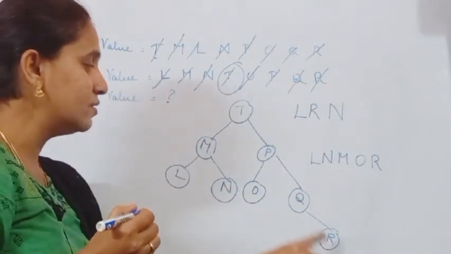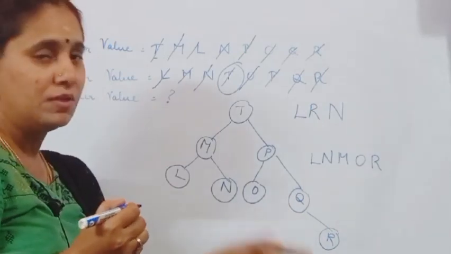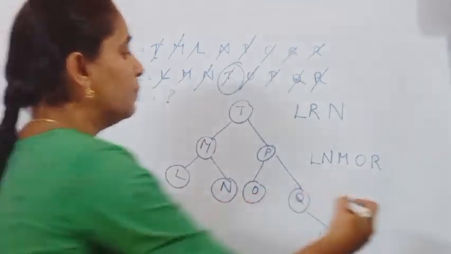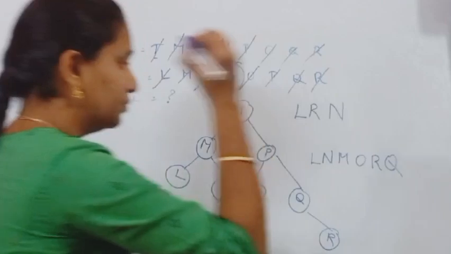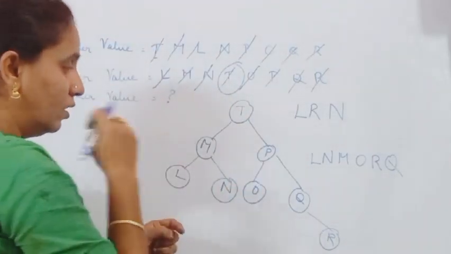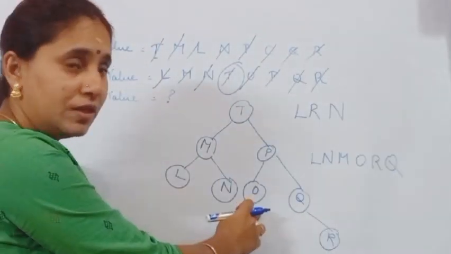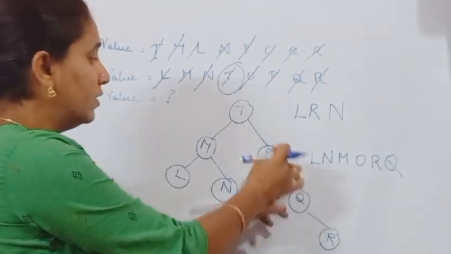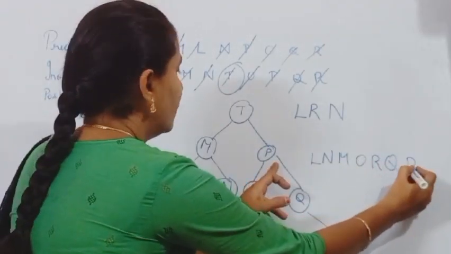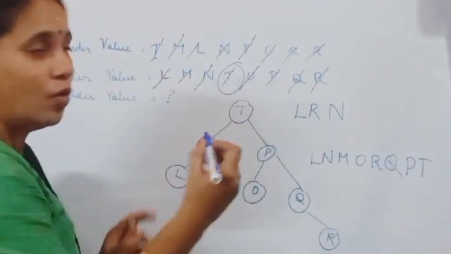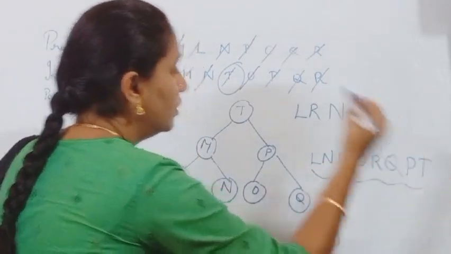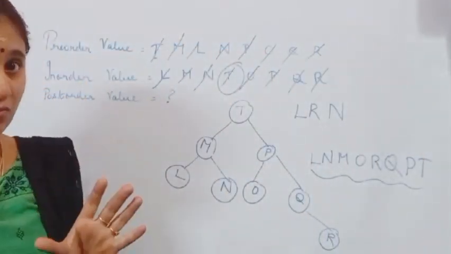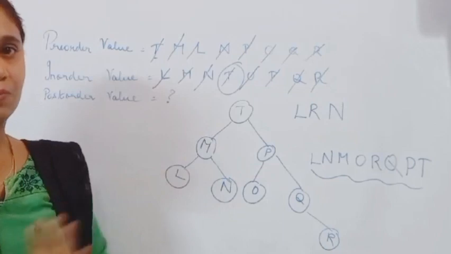So this and then this, since this is empty I have not written, so R and then Q. Okay, so this I have completed, this also I have completed, then what is this? P, then finally T. Okay friends, so this is your post-order traversal for the given problem.